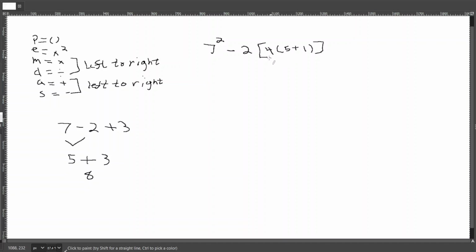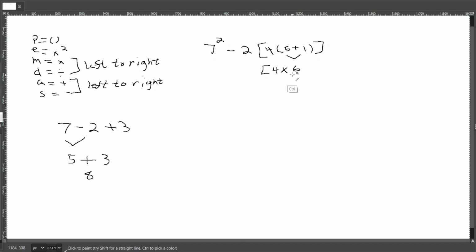So anyway, I look in the first parentheses, I see 4 times some other parentheses, right? All right, well, the fact that I see the parentheses means I have to do that before the times, right? So I must do 5 plus 1, which is 6, and then I could keep the square brackets. I drop down the 4.